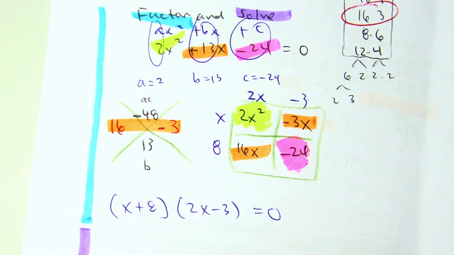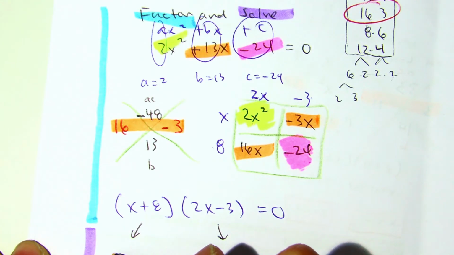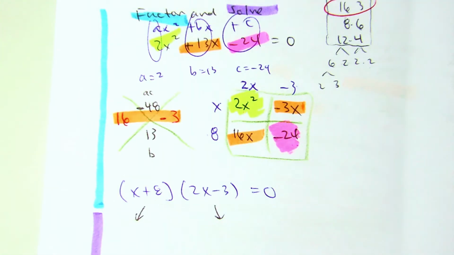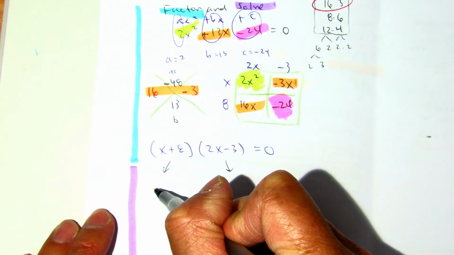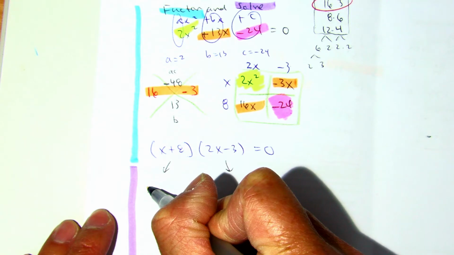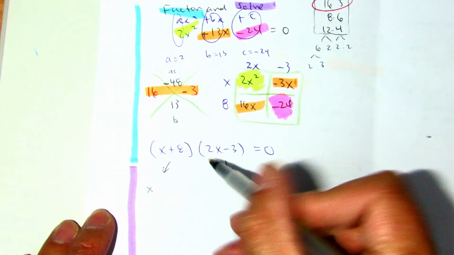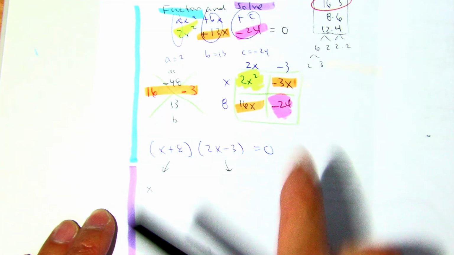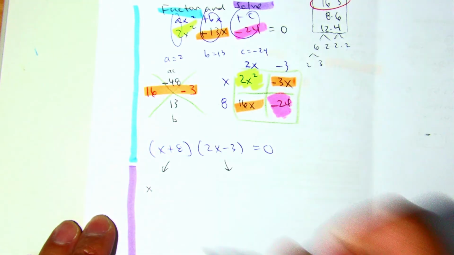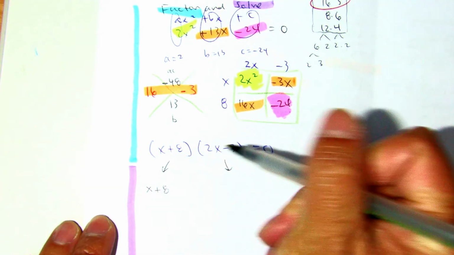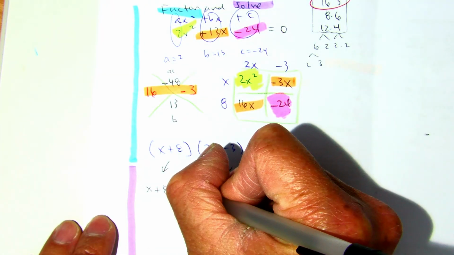Go ahead and tell me what to write. X and 2x. Well, if we split them up, what am I going to write? X plus 8 equals. Everyone talk to your partner, 3 seconds.